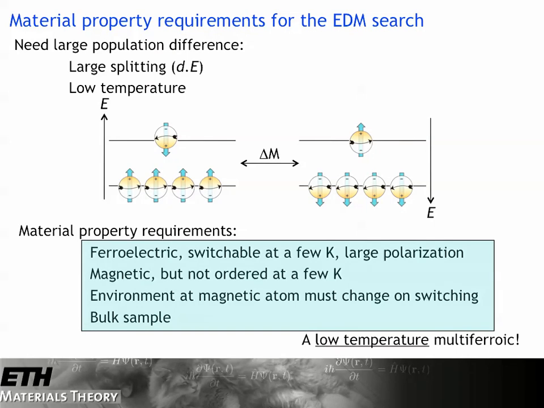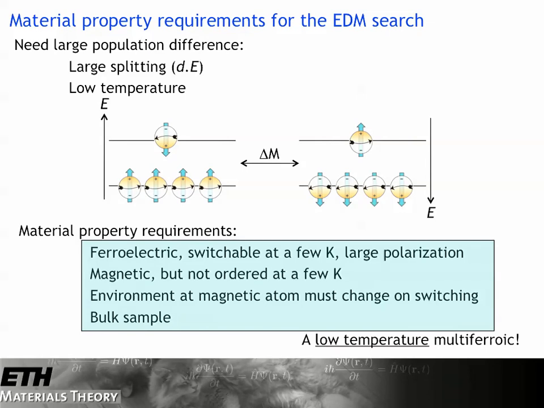They need to be able to switch it at liquid helium temperature. They want to work at low temperature, and it should have a large polarization, and this polarization must change when you switch. They need it to be magnetic, because otherwise all the electrons are going to be paired up by the Pauli principle.